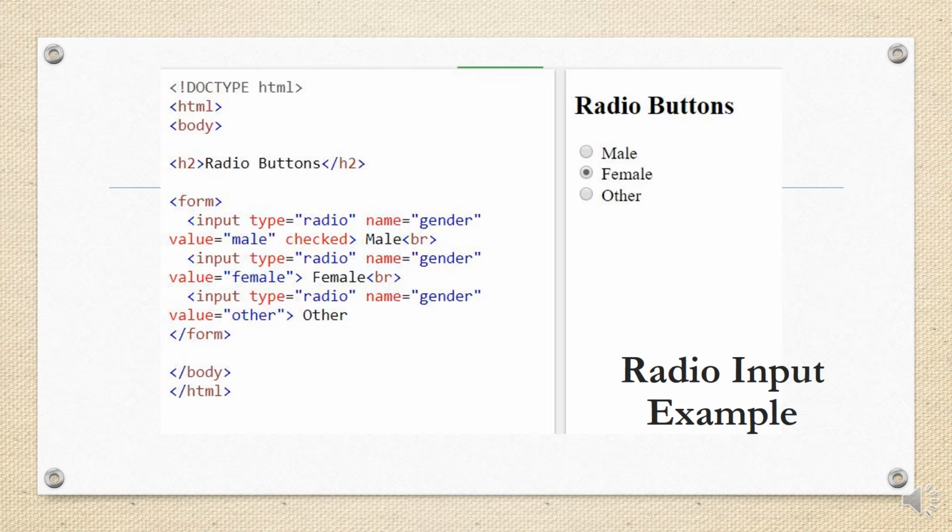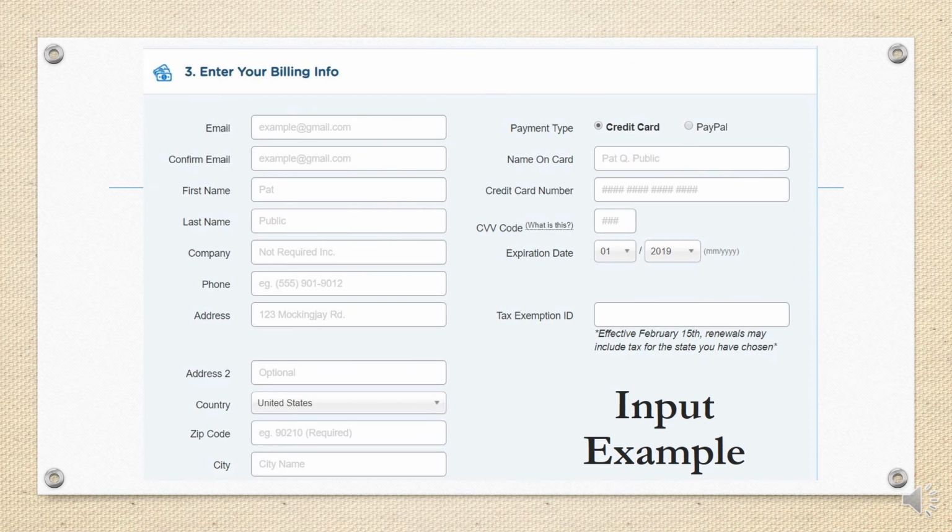When you click one value, the others will become empty. That's the radio button. If you click one, the other ones just go blank. That's helpful too.